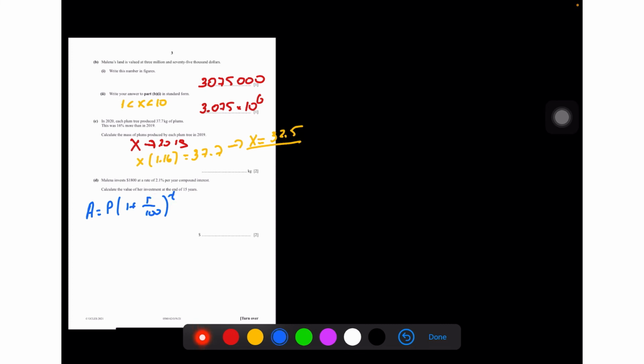If we substitute, we find 1,800 times 1 plus 2.1 divided by 100, to the power of 15. And if we calculate this, we find approximately 2,460.